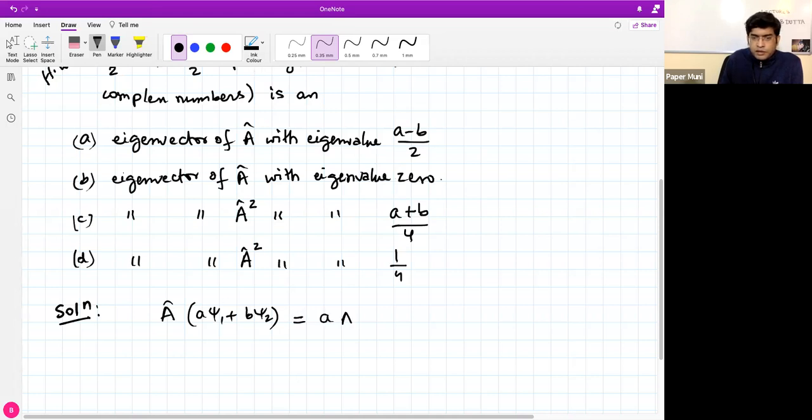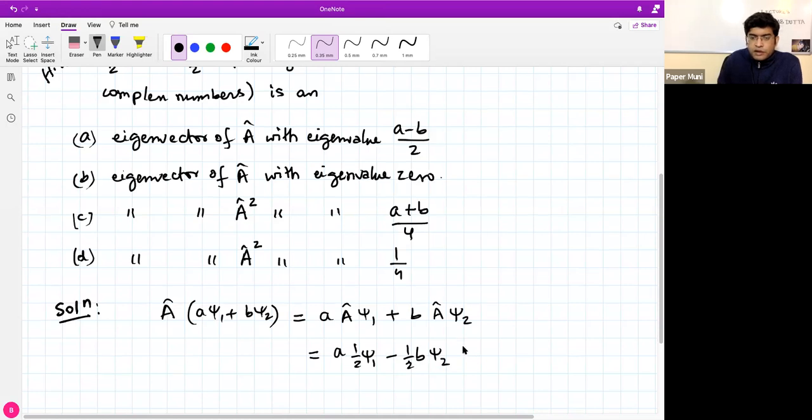This is A psi1 plus B psi2. Now the operator will operate like this, so it will not affect the complex numbers. Operating, it will give you half A psi1 minus half B psi2.